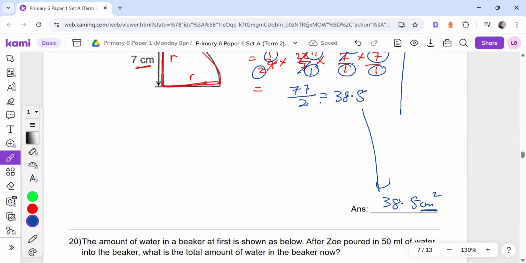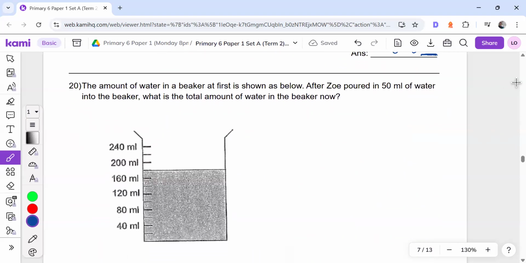Next one, question 20. This one is also quite easy. The water in the beaker is shown below at first. So how much water is there? Every time you see a number line, please do this. Count the lines, count the gaps. There are two gaps. This is 0, don't count from here. This is 0, then 1, 2. So you have 2 units, which is 40.